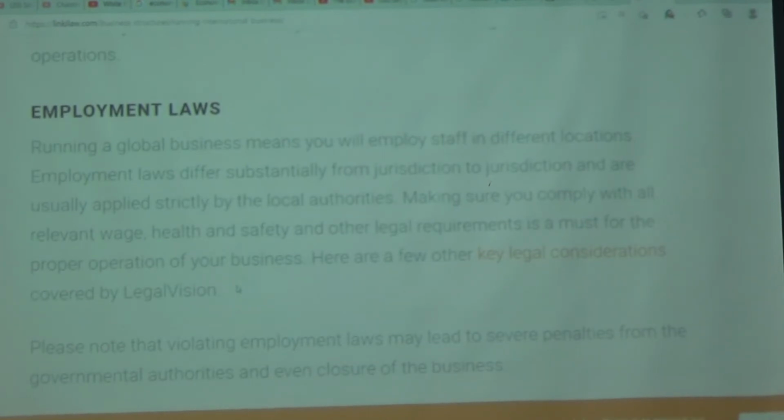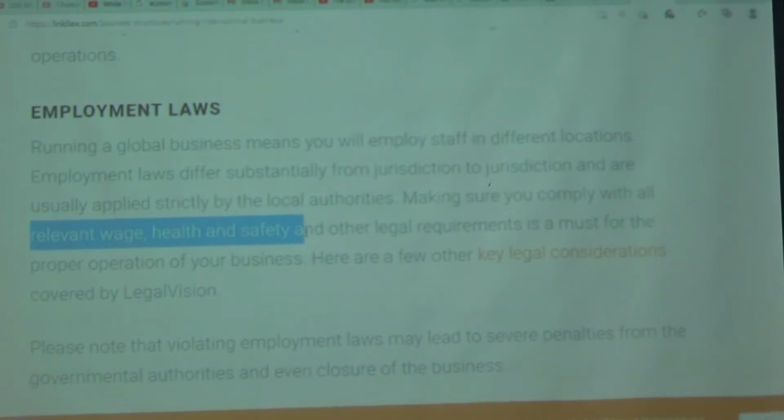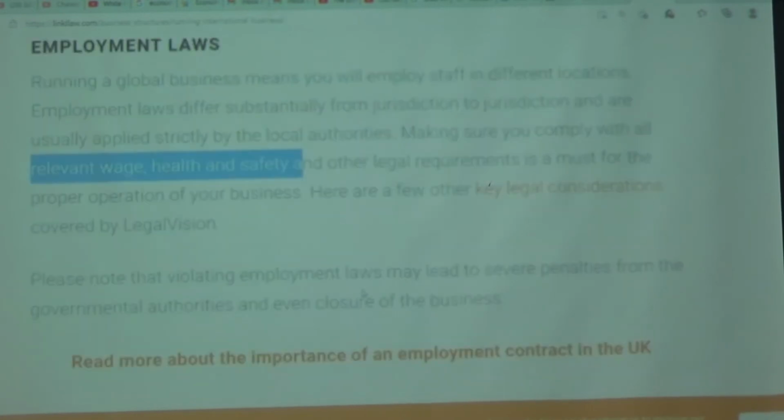Running a global business means that you're going to employ staff in different locations, and these laws may be different. There are wage laws, health and safety, which we did, and other legal requirements to concern yourself with. Dismissal maybe, but that shouldn't be the first thing. First thing might be discrimination laws.